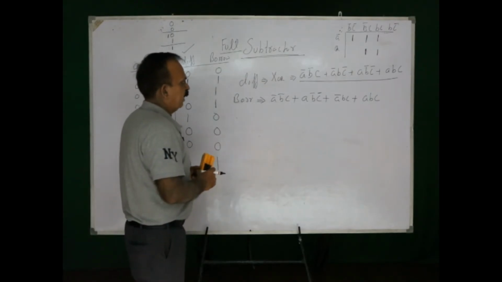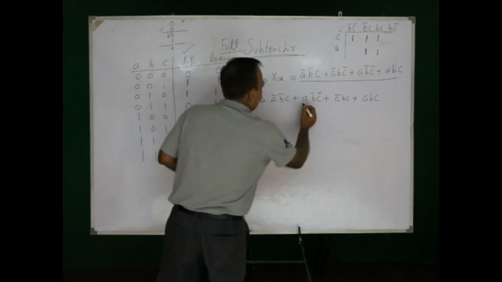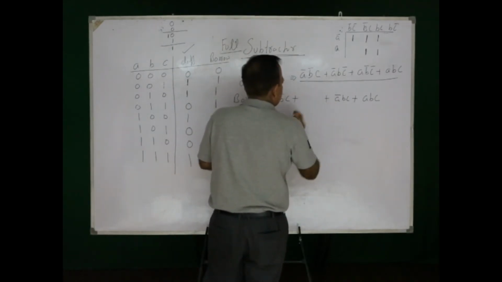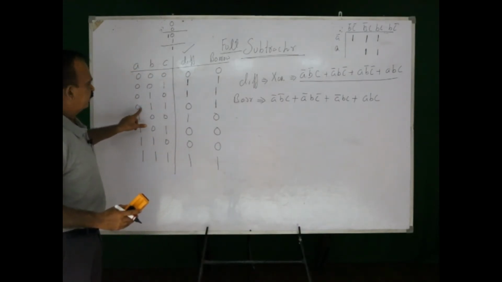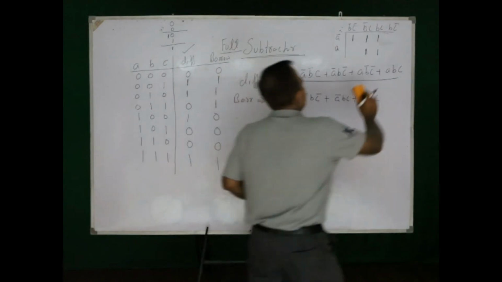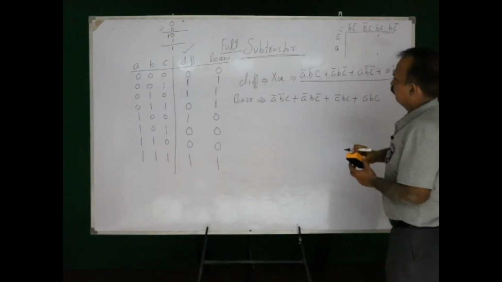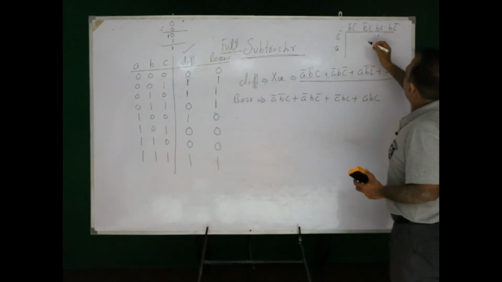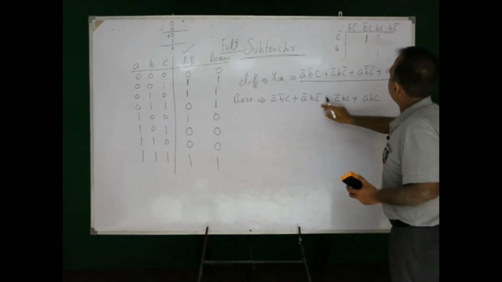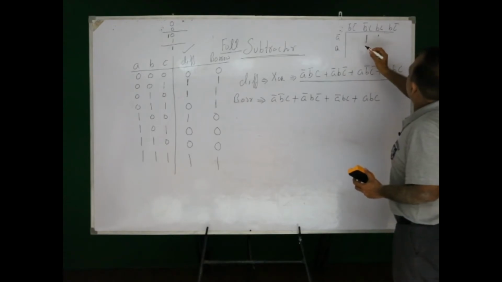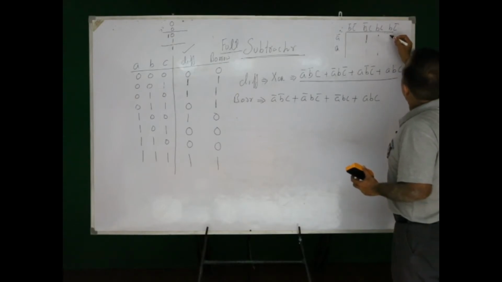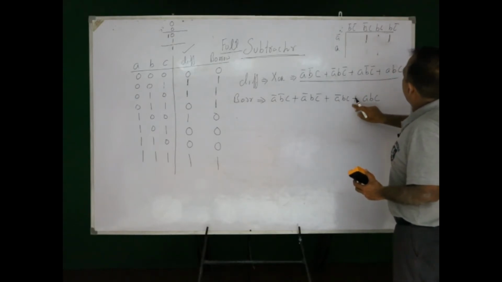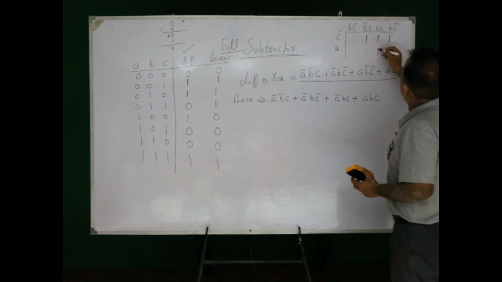The second entry is A bar B C bar, and the third entry is A bar B C, and the last entry is A B C. Now again I will be placing these entries here: A bar B bar C, A bar B C bar, A bar B C, and A B C. The rest are 0, right.